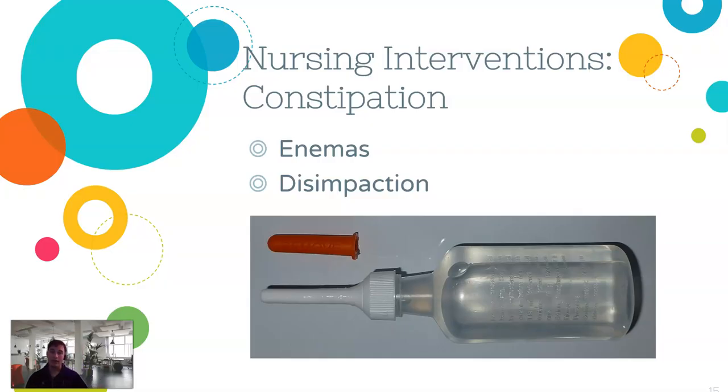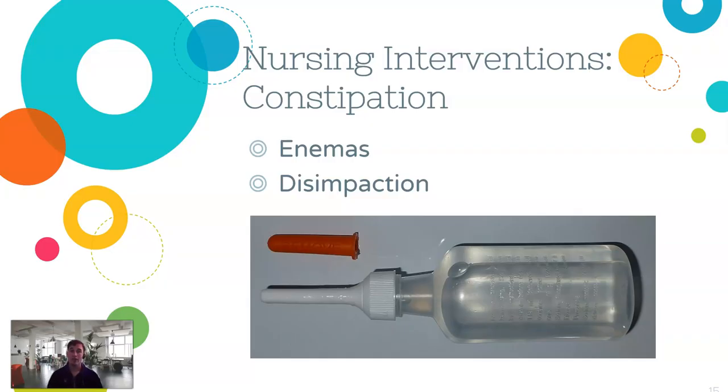To define disimpaction, disimpaction is a medical intervention that's going to break up a hardened mass in the colon into pieces and extract those pieces out in smaller bits so that the colon can be freed of the mass.